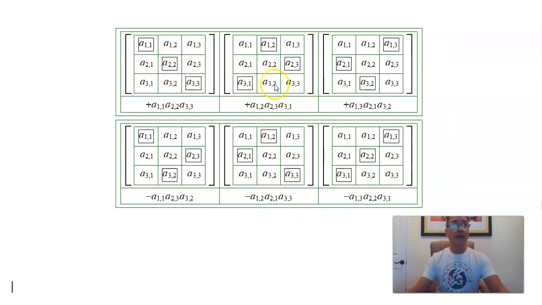And what I did was I copied our 3x3 matrix and I boxed in the factors in each term. This tells us, we can see right away, that every term has a representative from every row and from every column. And there are 3 of them which are positive and 3 of them which are negative.